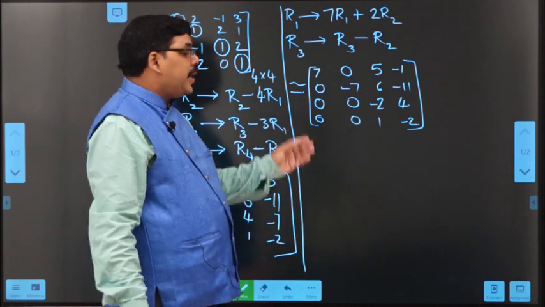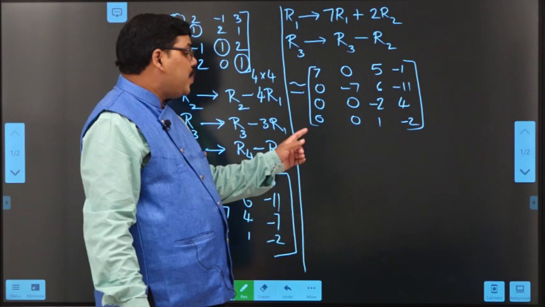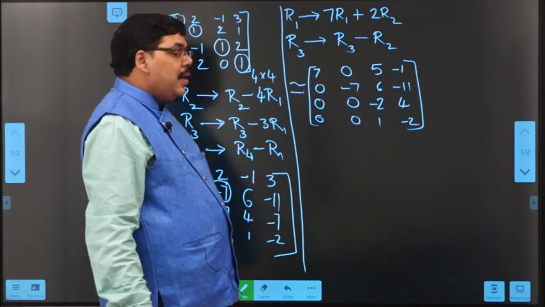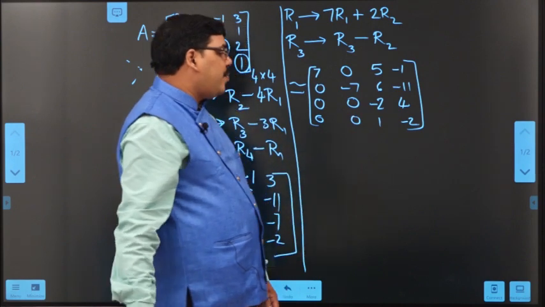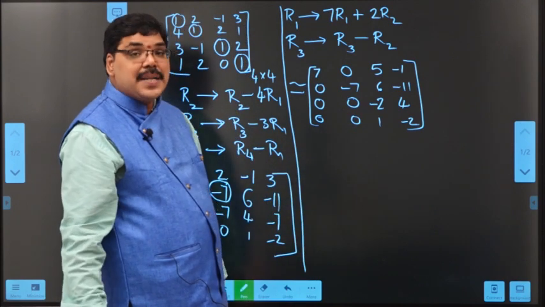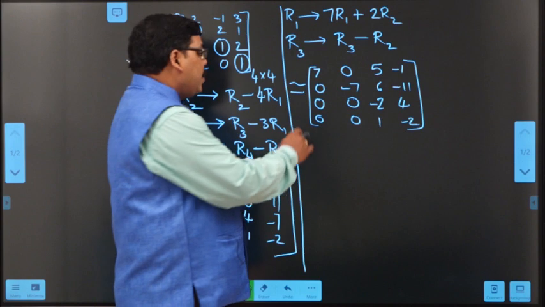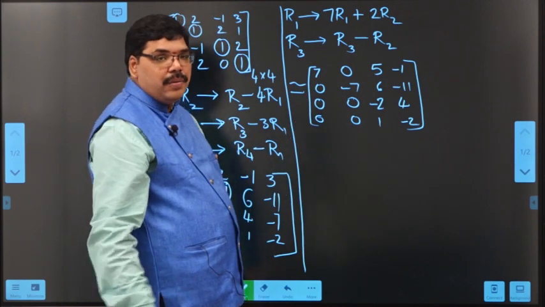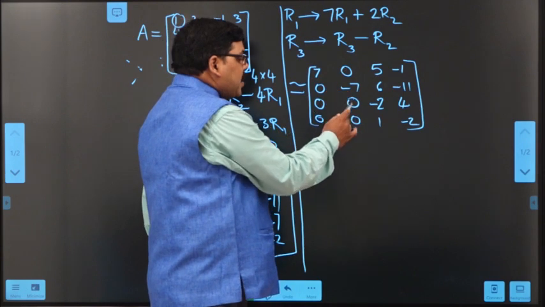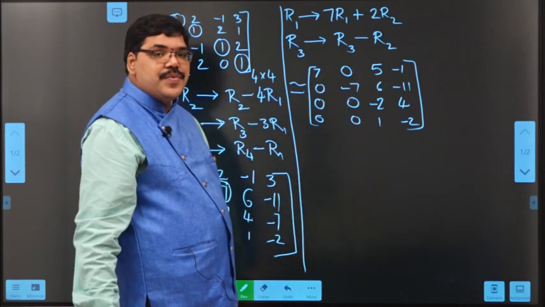So this will be the reduced matrix. In this matrix, if you see, all the elements in the second positions of a row became 0 except the diagonal. So here all the elements except the principal diagonal element became 0.